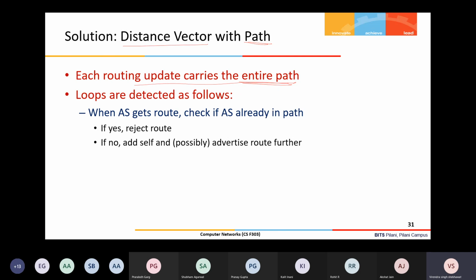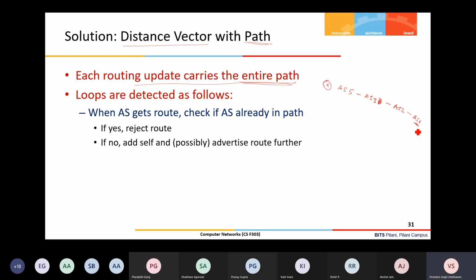Now it is easy. When a path is carried, I am sending the entire path of how I am reaching destination X. Suppose for destination X, it is coming from autonomous system 5, then autonomous system 3, then autonomous system 2. And let us say I am autonomous system 1, AS1.